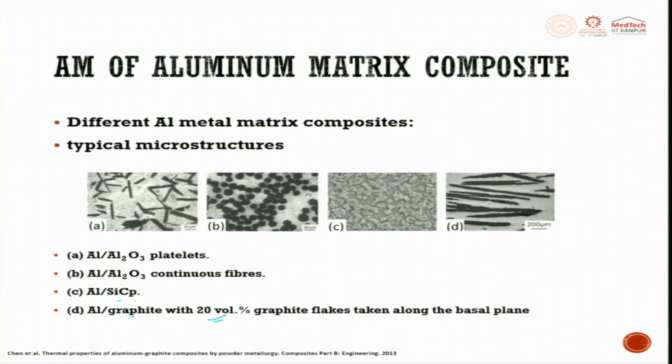Then we see silicon carbide in an aluminium matrix. The next one is graphite with 20% volume fraction, where graphite flakes are taken along the basal plane. So, these are the different types of microstructures. You can also have continuous fiber. These fibers are ceramic fibers. They are again made as a preform and they can be used for squeeze casting.